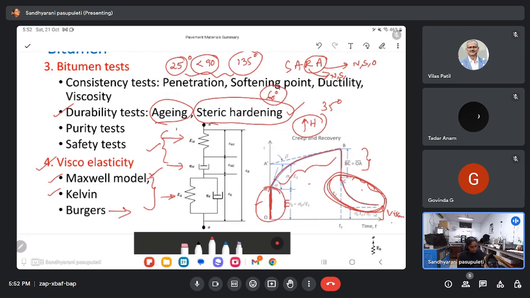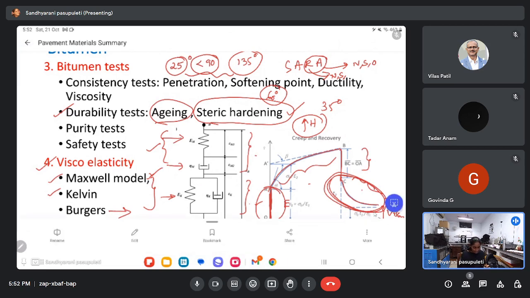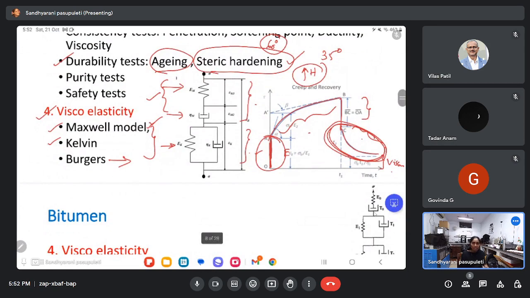In the Burgers model, there is one Maxwell element and also one Kelvin element. We kept them in series and then we tried to fit our data into this model. If it could simulate the data, then based on that we can calculate the parameters.